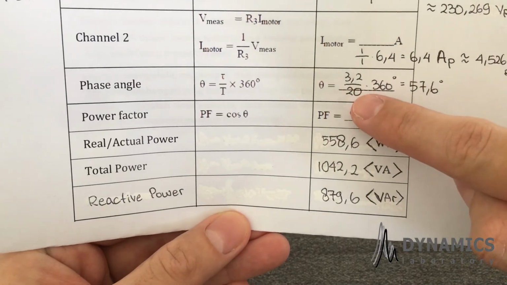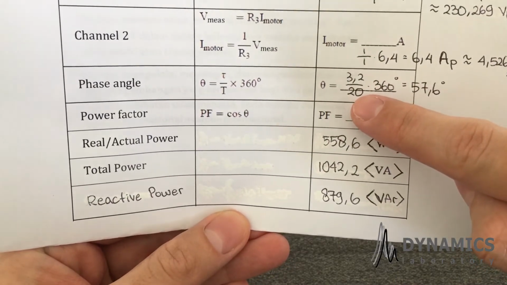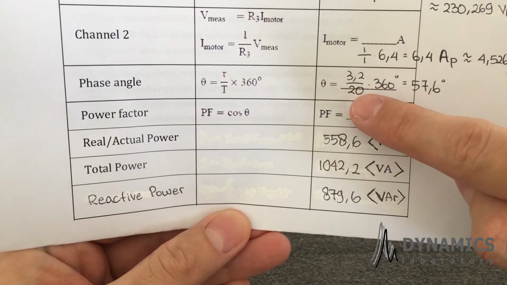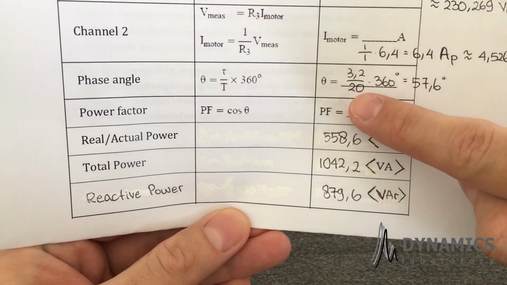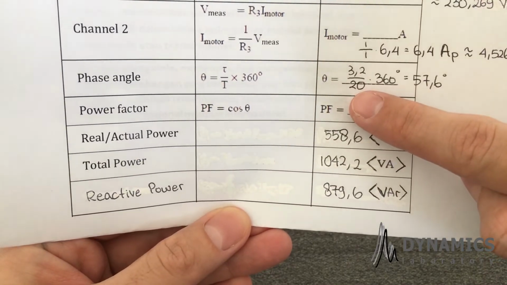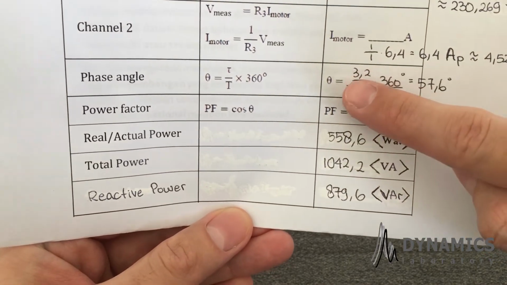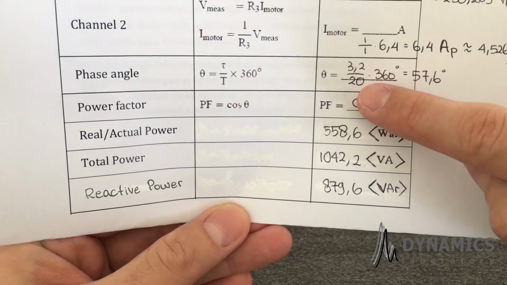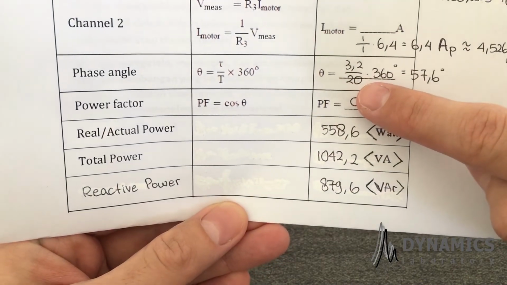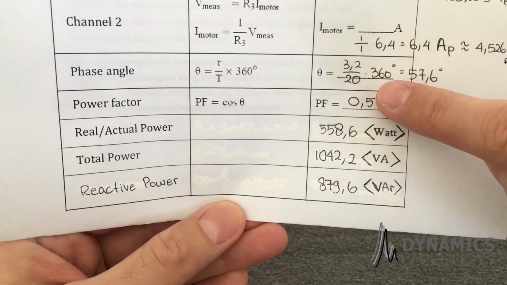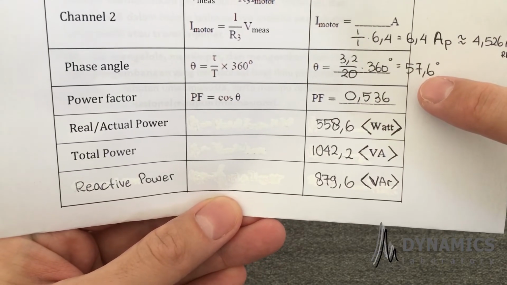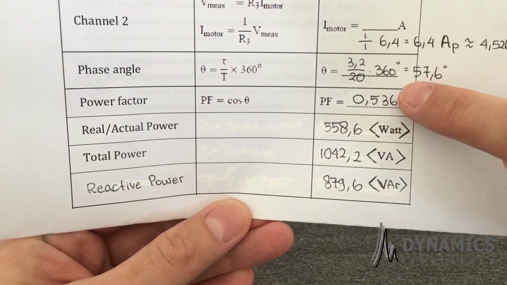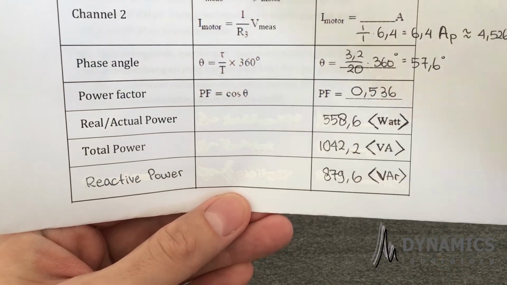And because our signal is from the grid, or PLN, the frequency is 50 Hz, so the period is 20 millisecond. 3.2 divided by 20 multiplied by 360 degrees and we get 57.6 degrees.